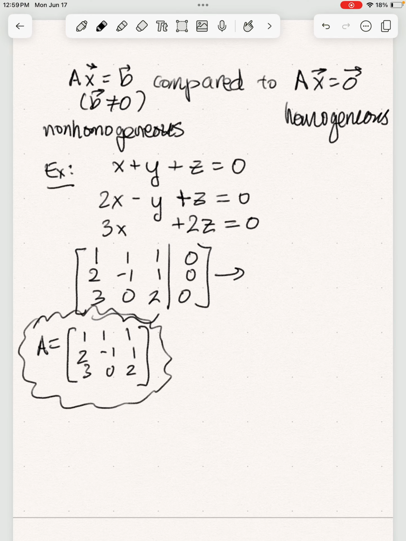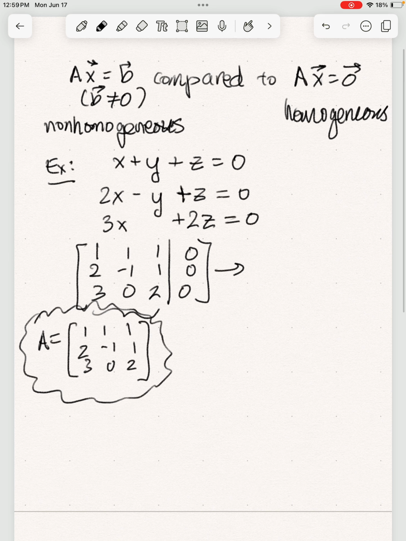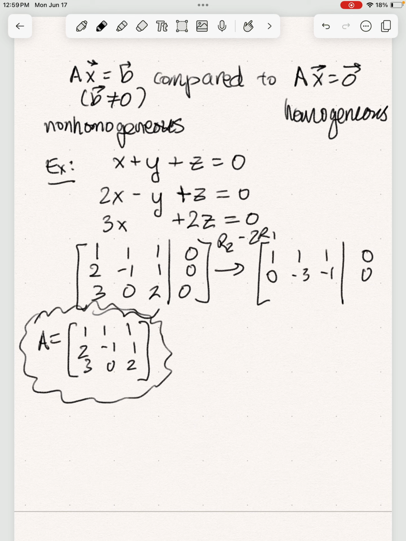Okay, let's row reduce this matrix. So what are you going to get? Well, we're going to do row 2 minus 2 row 1. That'll give me 0, -3, -1, 0. And then row 3 goes to row 3 minus 3 row 1.